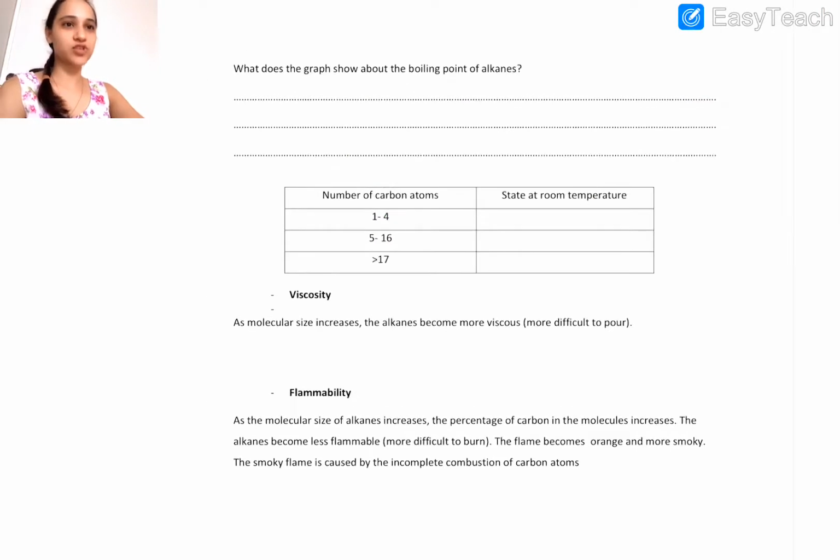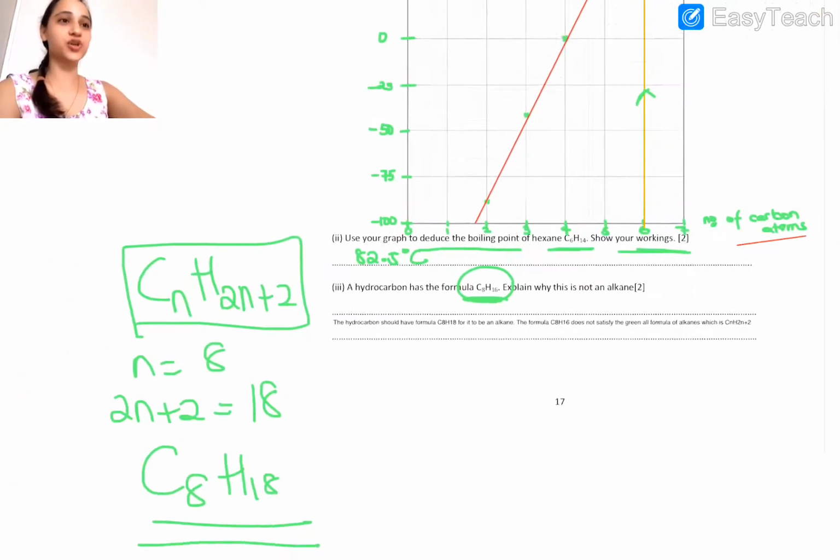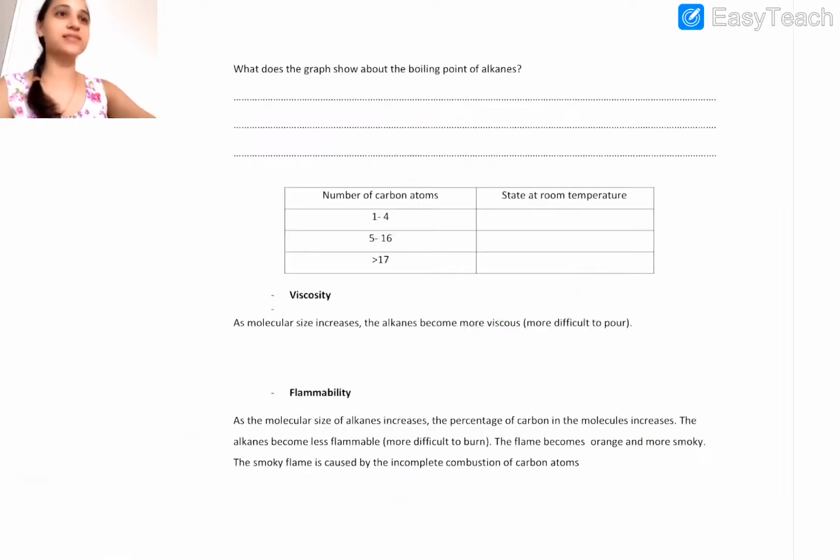So what does the graph show about the boiling point of alkanes? You can clearly see that the graph shows that the boiling point is going to increase as the number of carbon atoms increases. So as carbon atoms increase, the boiling point of the alkane is going to be higher. From this, you can predict the boiling point of any alkane.